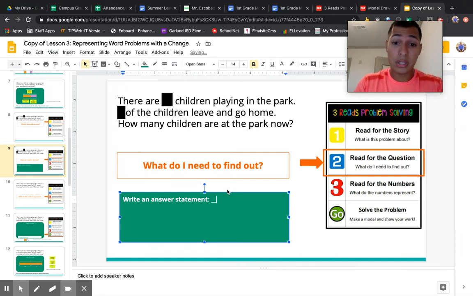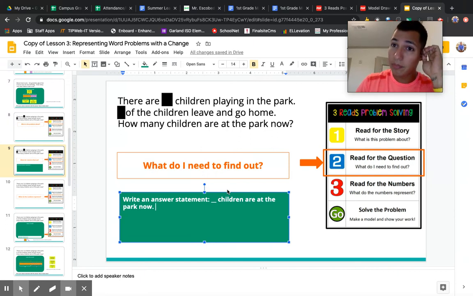How many children are at the park now? So blank children are at the park now. That's going to be our solution statement, basically. It's not finished yet.